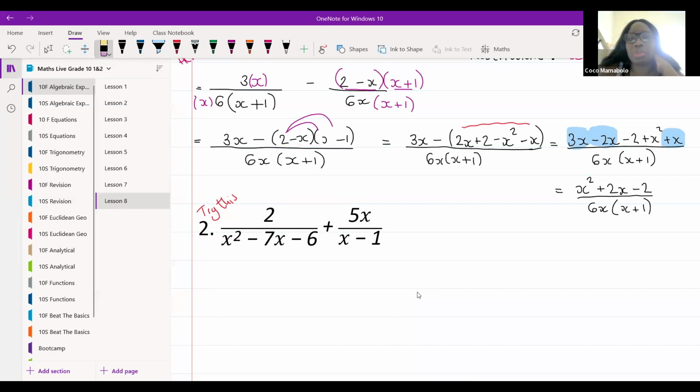The part where we changed the negative, positive 2x to negative 2x, positive 2 to negative 2, then negative x squared to positive x squared. Yes, that part. Okay, so remember I was saying that in between my two fractions, there's a negative. Yes?